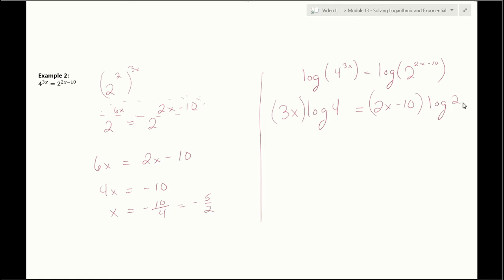If we're using our calculator, you might be inclined to toss this in, start multiplying it out, and you'll start to get some pretty nasty decimals.